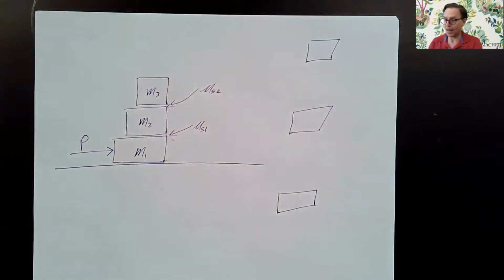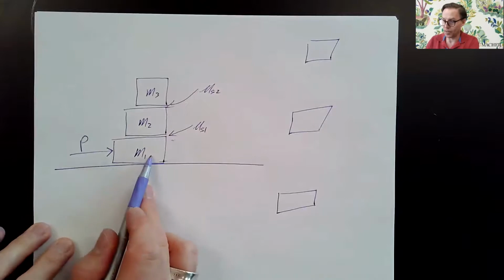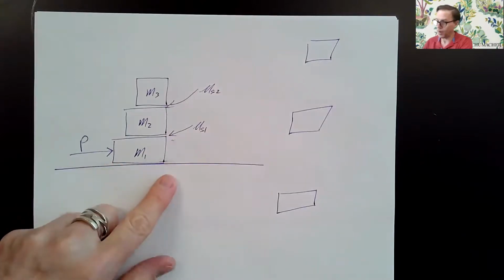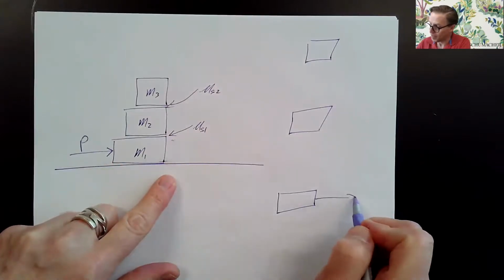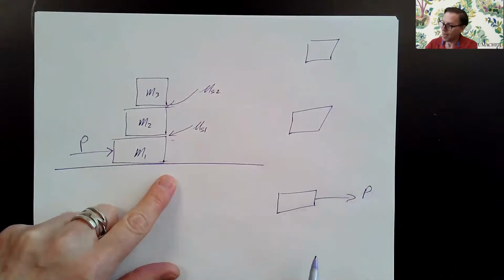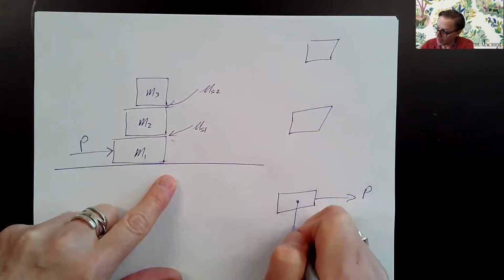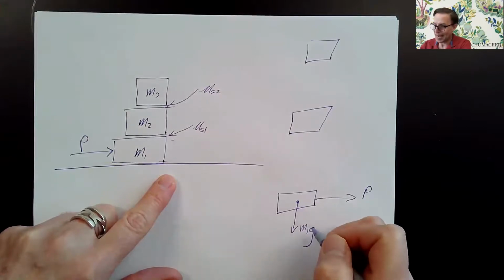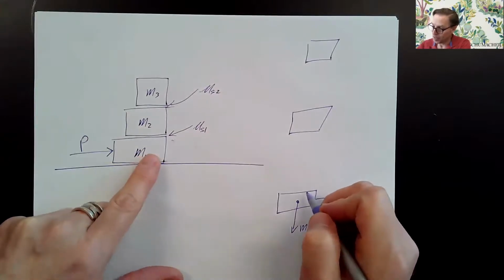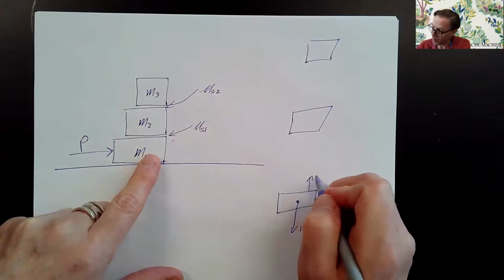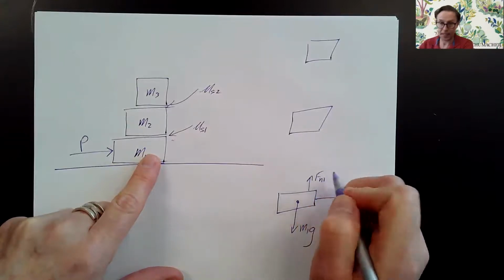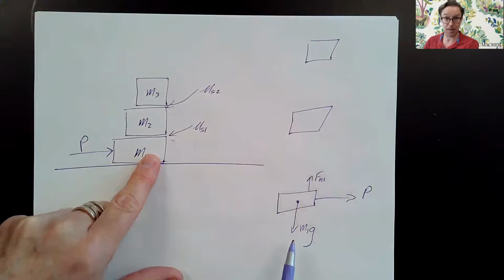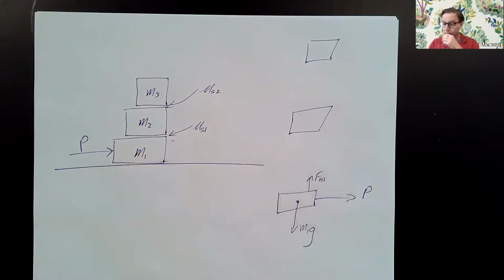Okay, and welcome back. So we're pushing this block to the right, and we're moving to the right. So of course I have P here pushing to the right, and Earth is pulling the block down, M1G, and the table is pushing this block up. I'm going to call that FN1 because I am anticipating that there are going to be other normal forces.